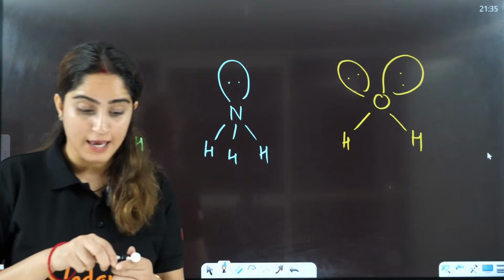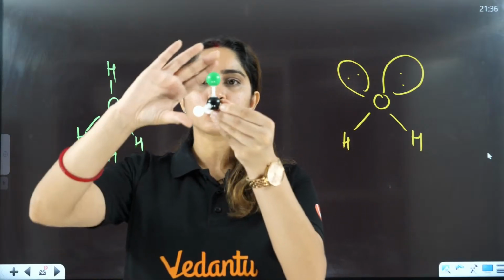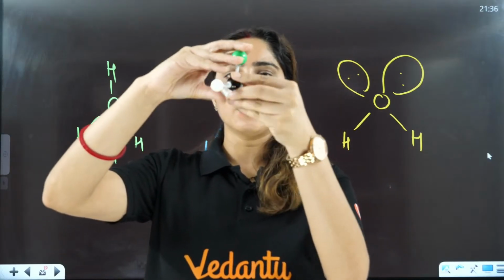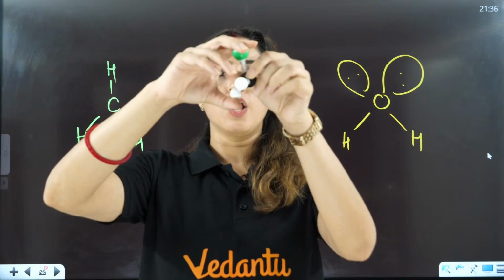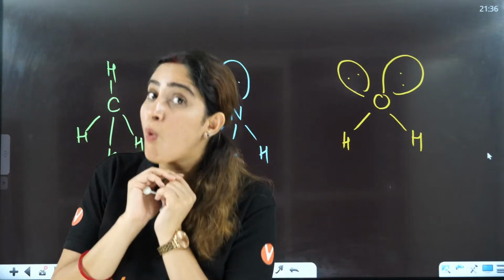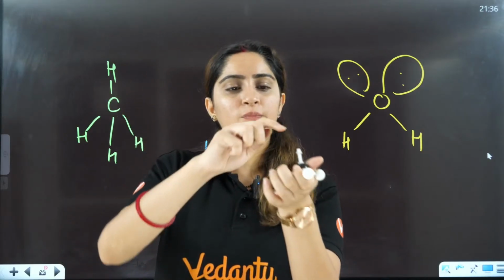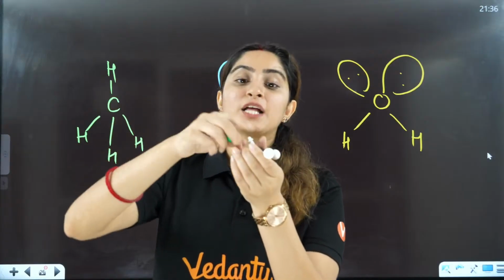So let's say you have a lone pair here, right? This lone pair is going to repel this one, and this one, and this one, because lone pair-bond pair repulsions are more than bond pair-bond pair repulsions. Earlier you had bonds here, so the repulsions were less.